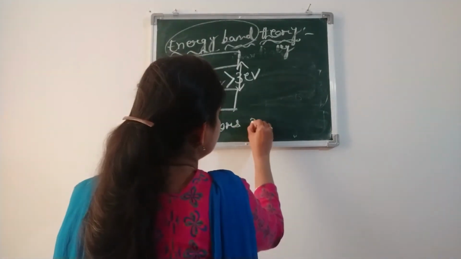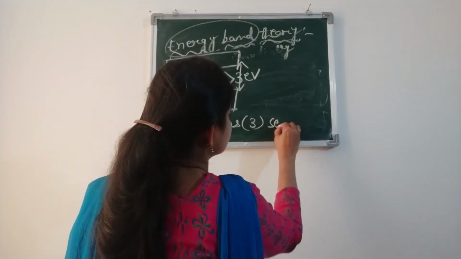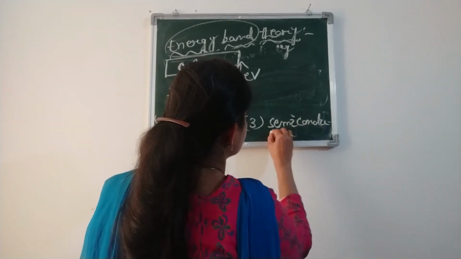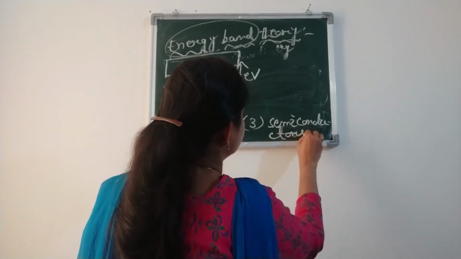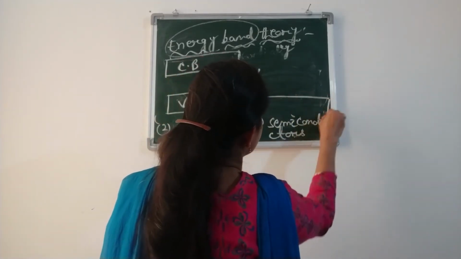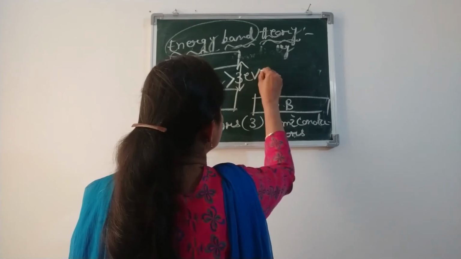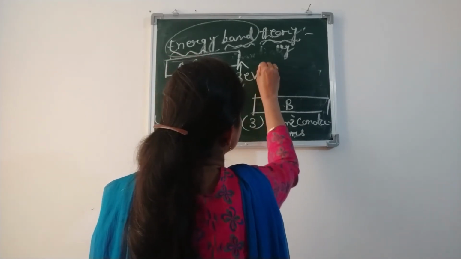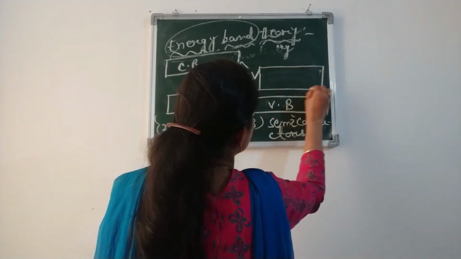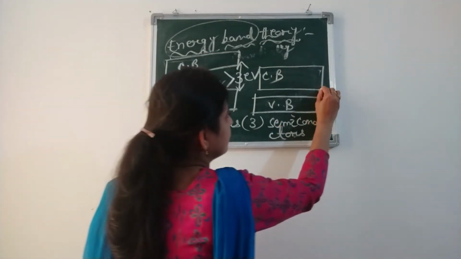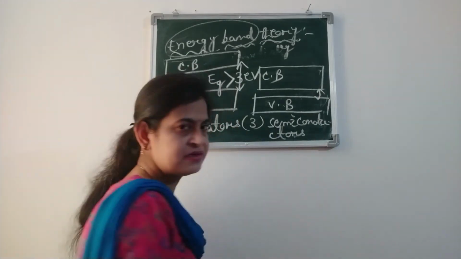But in the case of a semiconductor, this is the valence band, this is the conduction band and this is the energy gap.